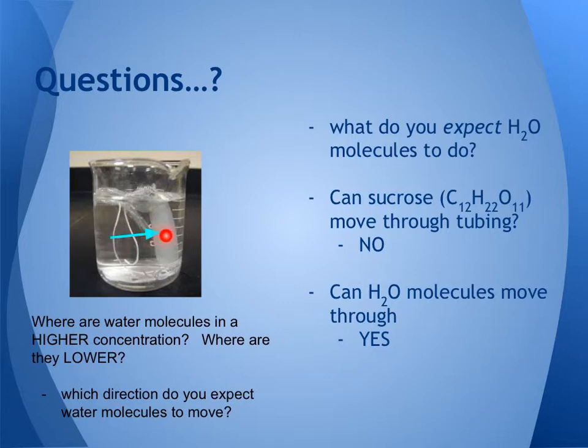Well, we'd expect them to move into the tubing. Can the sucrose move through? No. The sucrose is a huge molecule, C12H22O11. It's a disaccharide. It simply can't fit through the pores in the dialysis tubing. Can H2O? Yes, it can move freely through the pores. So water molecules are able to move through the tubing. Sucrose cannot. So where would you expect the water to move?